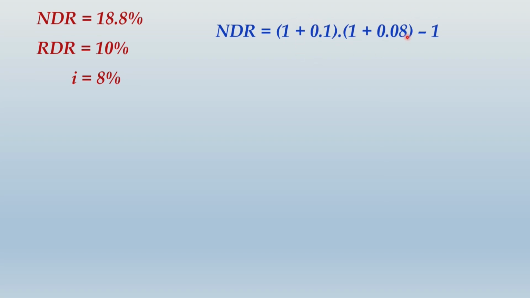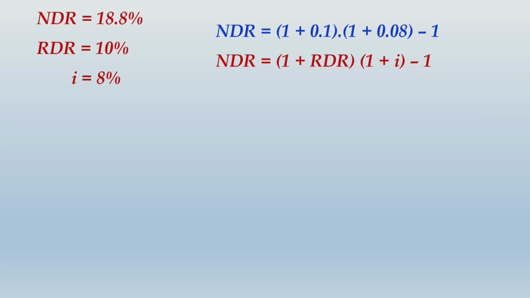Then multiply by 1 plus inflation rate, that is 1 plus 0.08, which is 1.08. When you multiply both of these, you will get 1.188. From that you subtract 1 to arrive at 18.8%, and that is how we compute nominal discounting rate: by taking 1 plus real discounting rate multiplied by 1 plus inflation rate, and from this whole thing you subtract 1.